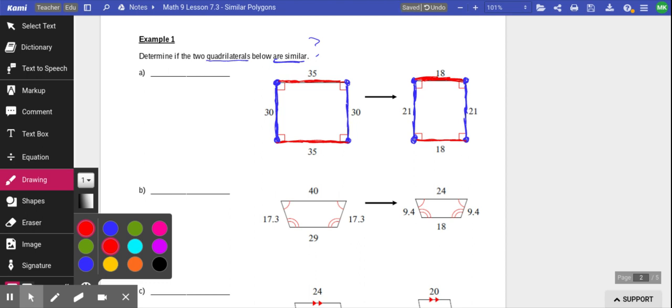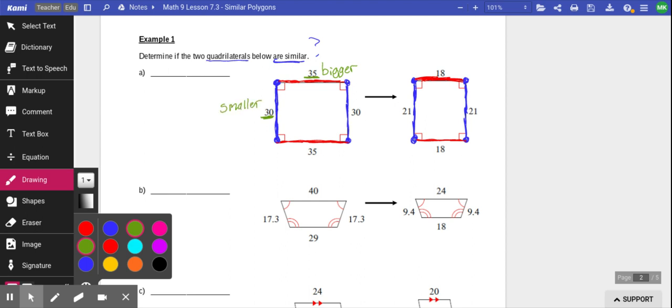Okay, there's a problem. The problem is if I look at my original shape and I look at the length and the width, my length, we're going to say is 35, and my width is 30. That means this is bigger and this side is smaller.